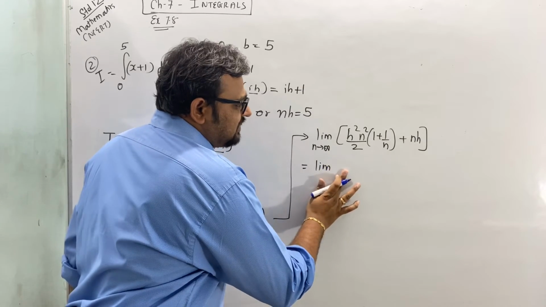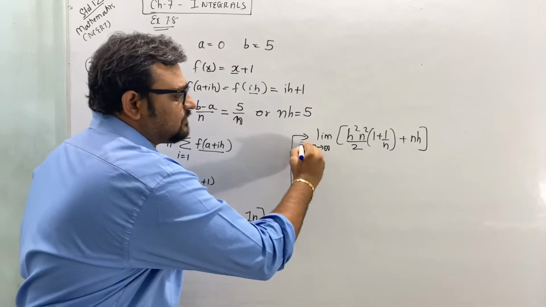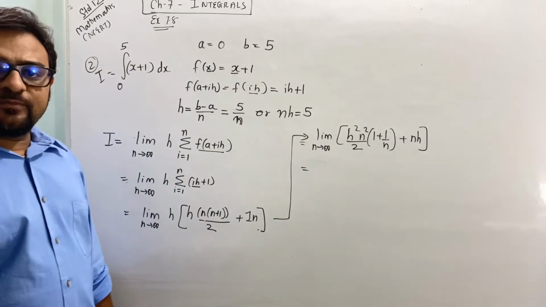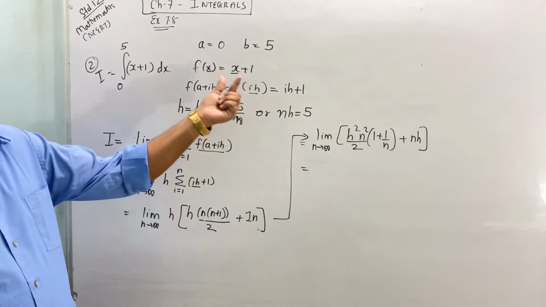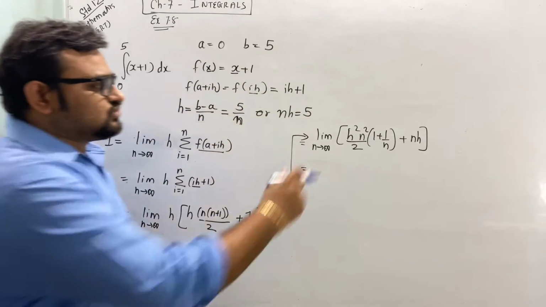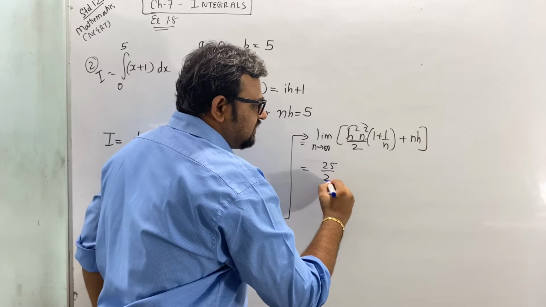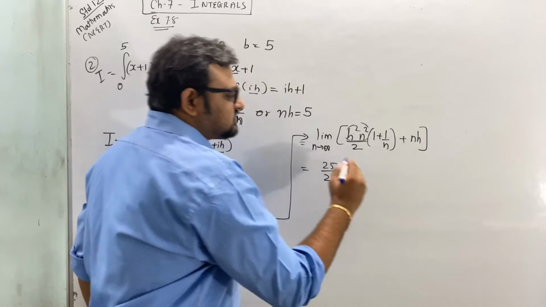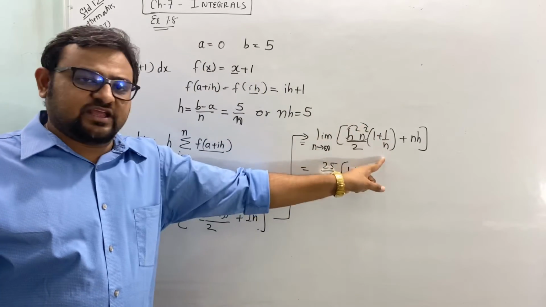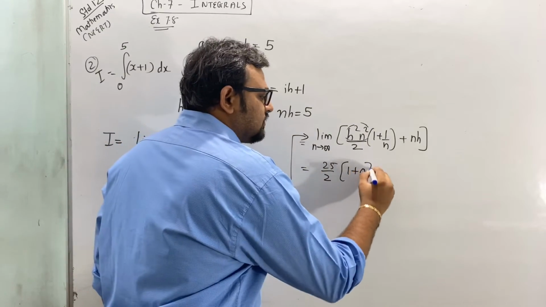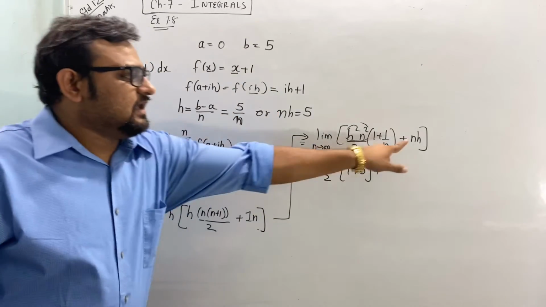So now limit, okay. Now let me remove the limit and put the value of n square h square. What is nh? 5. So 5 square, 25 by 2, 1 plus infinity, 1 by infinity, 0, plus nh.